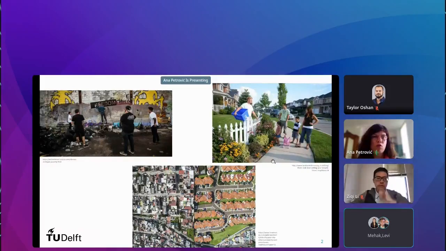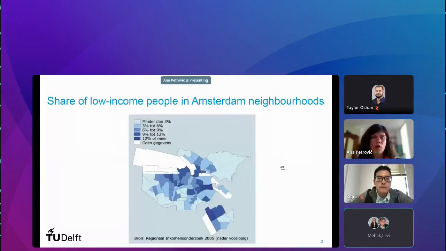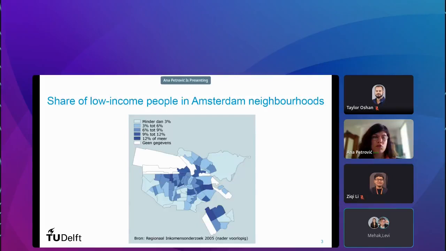And first of all, why is it important to study segregation across various spatial scales? Because it matters to whom we are exposed to just around our homes, but also how larger parts of the cities are organized. But segregation is usually studied using administratively defined neighborhoods, such as this one in this map. We see here administratively defined neighborhoods in Amsterdam, showing the share of low-income people.